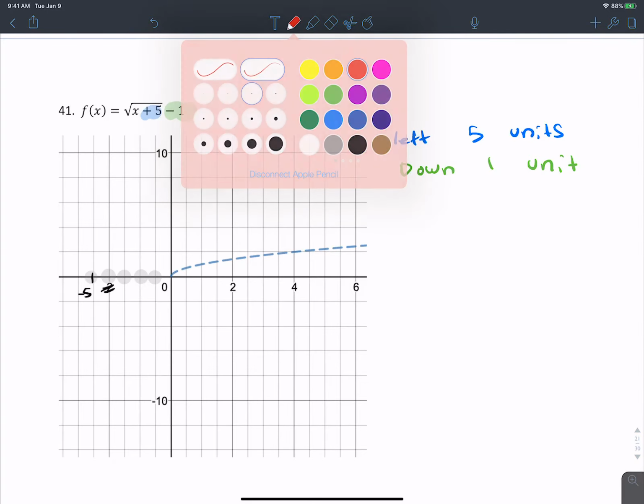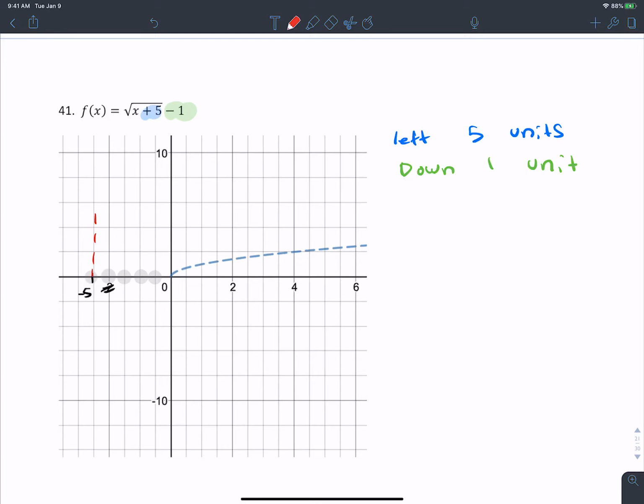I can draw my imaginary y-axis now to the left 5 units. Then I have to go down 1 unit. And so I'm going to let this be 1 still. So my x-axis went down 1 unit, or here's the location of my new origin. So I'm going to move this particular point right here to the left 5, down 1.